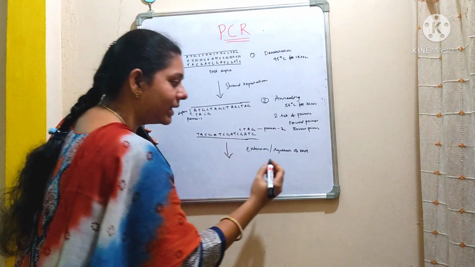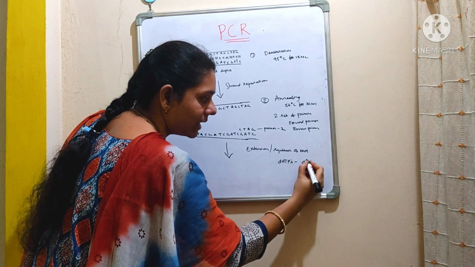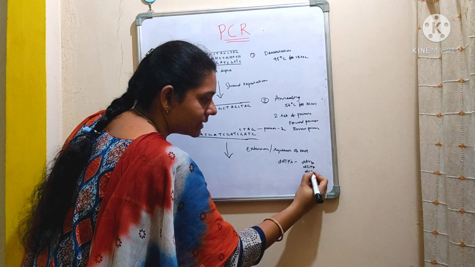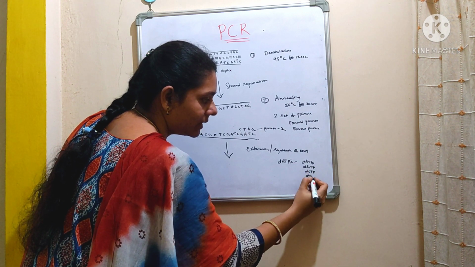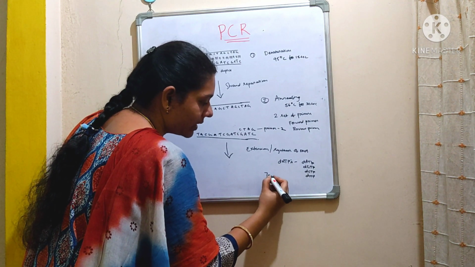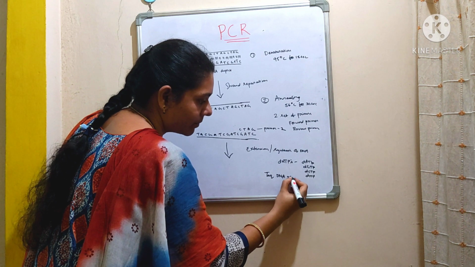So what is required here? dNTPs, that is dATP, dGTP, dCTP and dTTP, and along with the dNTPs we also require an enzyme called DNA polymerase.